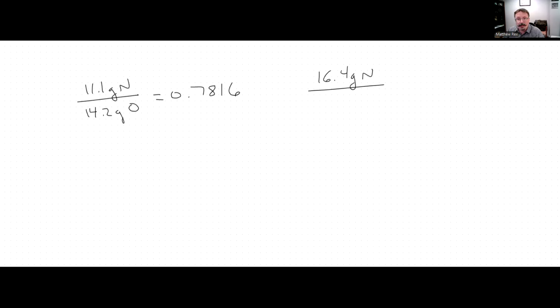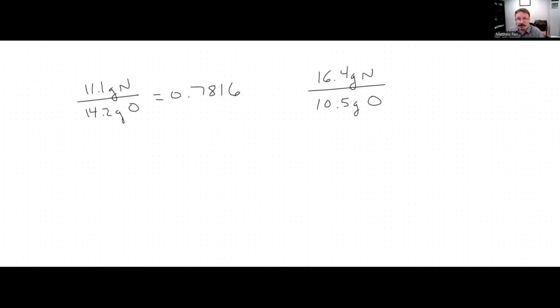Two compounds consisting of nitrogen and oxygen are decomposed. Sample 1 gives us 11.1 grams of nitrogen and 14.2 grams of oxygen. So we get a nitrogen to oxygen ratio of 0.7816. And our second sample is 16.4 grams of nitrogen for every 10.5 grams of oxygen.